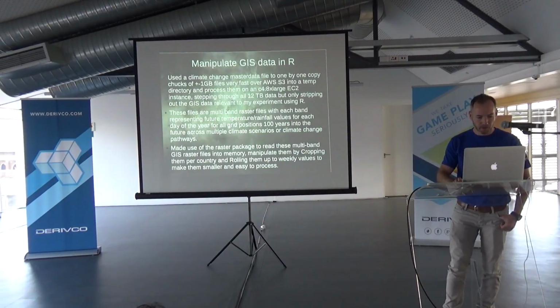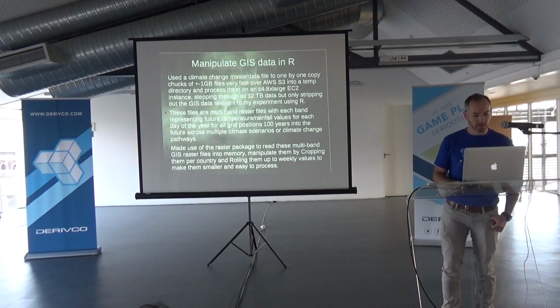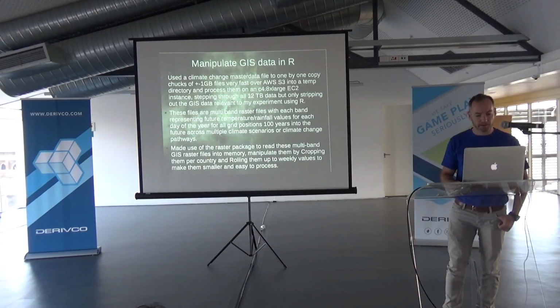So it's quite a big data set which I manipulate in R, and I'll show you quickly how I did that. Because the dataset is so large, I used Amazon EC2, and I fired up a C4 8xlarge EC2 instance, and I could access the S3 volume from there. Because it's so big, there's a master data file that describes all the little GeoRaster files that exist in this dataset, and each file is about 1 gig.